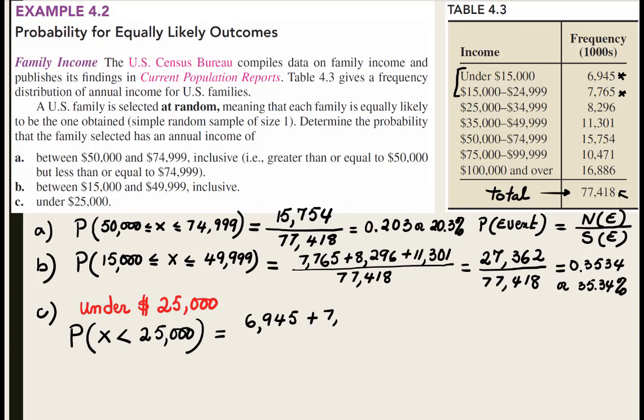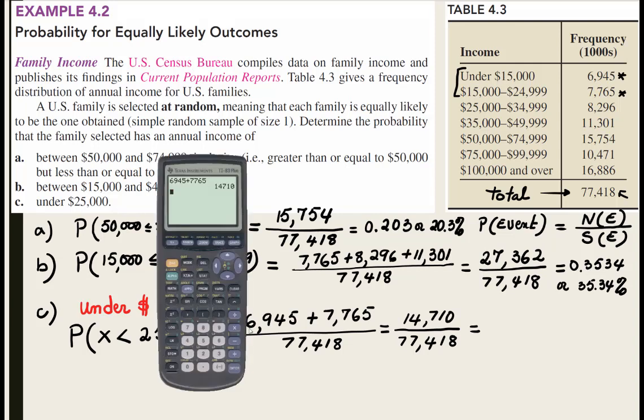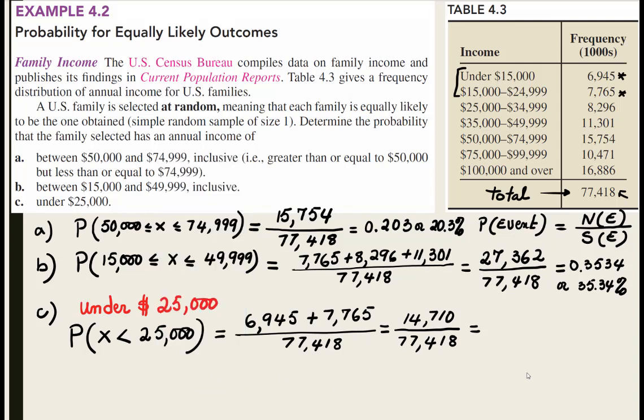We will add them and divide them by the total. 6,945 plus 7,765 divided by 77,418. The sum is 14,710 divided by 77,418. We're going to get our decimal from the calculator: 0.19 or 19%.